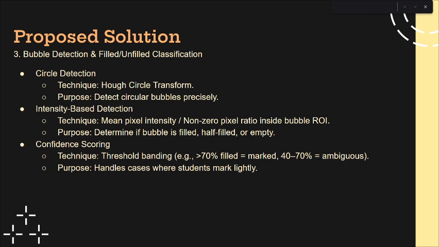It determines if a bubble is filled by checking its pixel intensity. A confidence scoring system is used here to handle cases where students mark lightly, flagging uncertain bubbles for review.